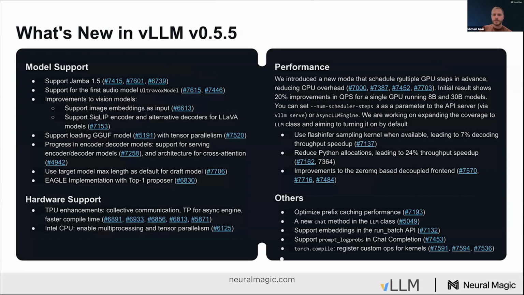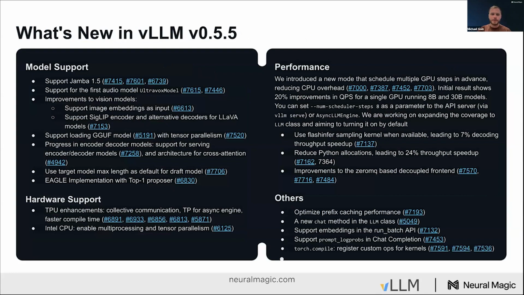I'll quickly go over what's new in the vLLM releases. There's a lot to go over, so feel free to ask questions on specific things. Basically, there was a lot of model support, like Jamba 1.5 and Ultravox, which was important as the first audio model. There's been a lot of continuous improvement on vision language models.